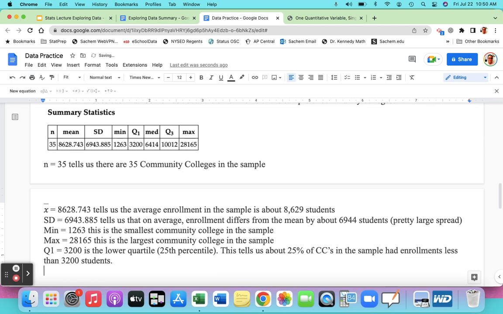Okay, and let's go to the median. All right, so the median is 6414, is the 50th percentile.